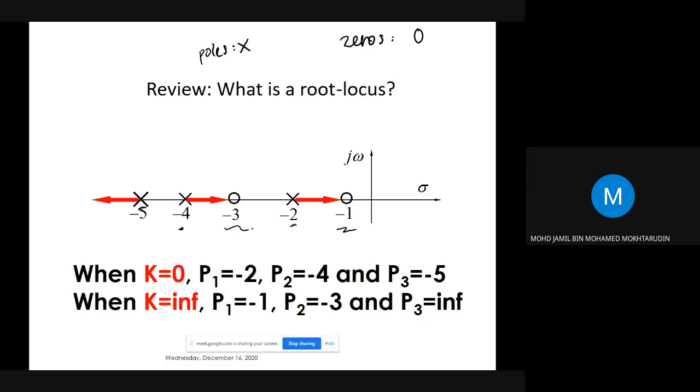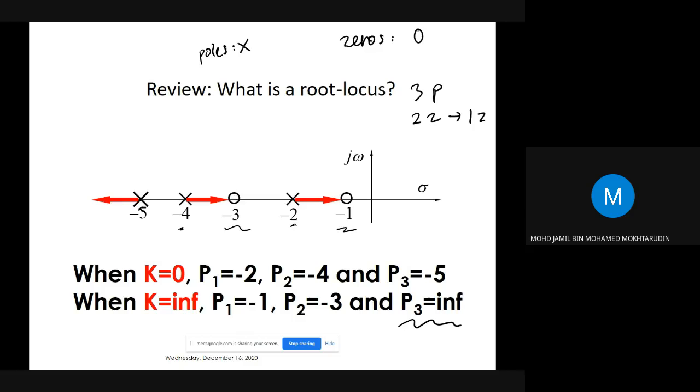Usually for root locus, you must have the same number of poles and zeros. Just now you have 3 poles and 2 zeros, -1 and -3, so you need one more zero to have the same number of poles and zeros. The extra zero that you add is one more zero at infinity.